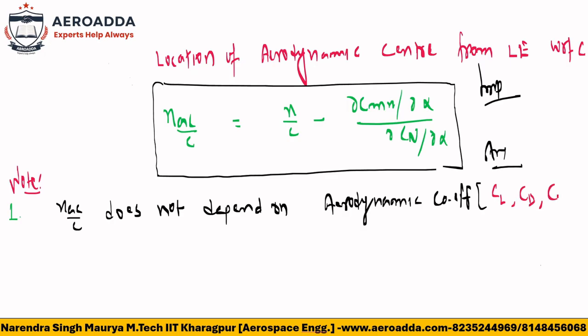CL, CD and CM, the moment coefficient. You see, x ac by c does not depend on the aerodynamic coefficient. It is not depending on the aerodynamic coefficient. CL is there, CD is there? No, it's not there.